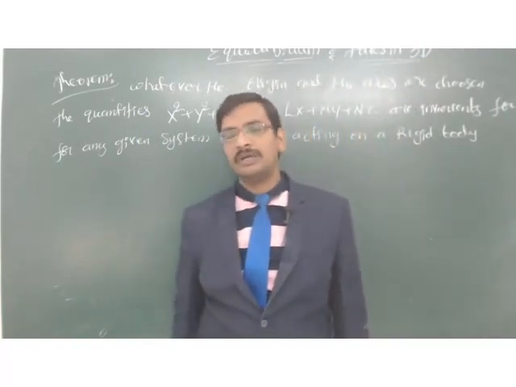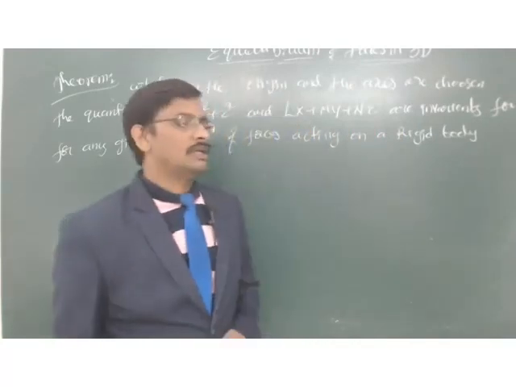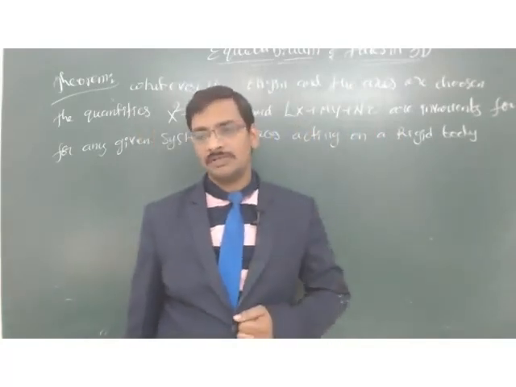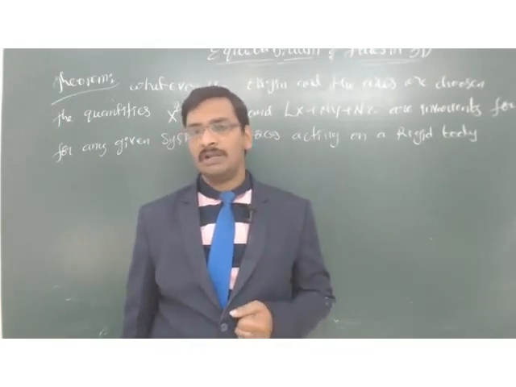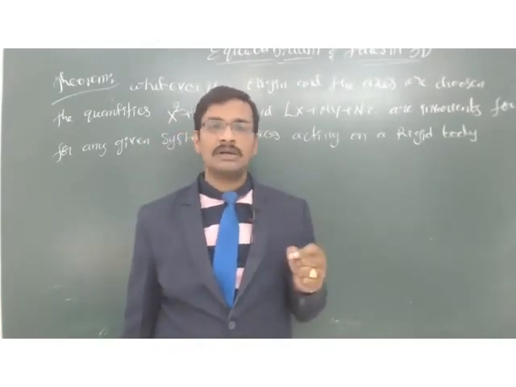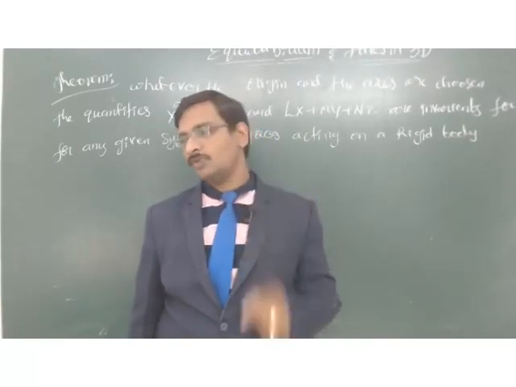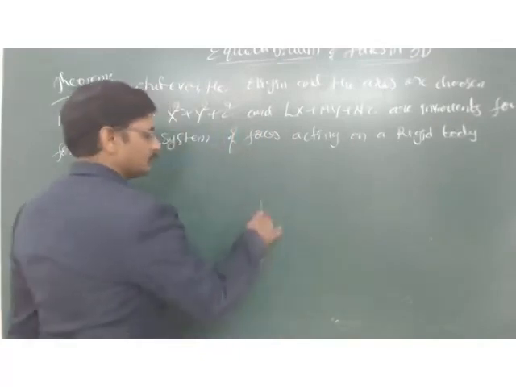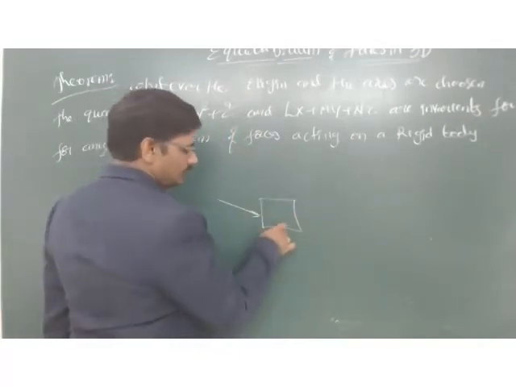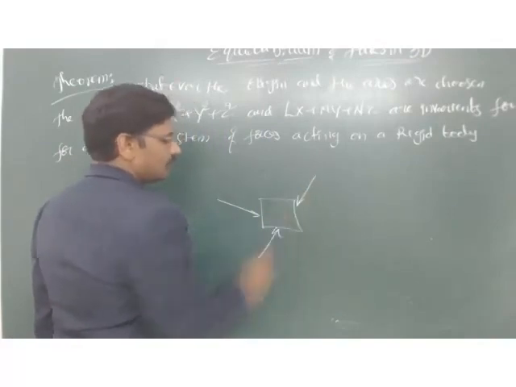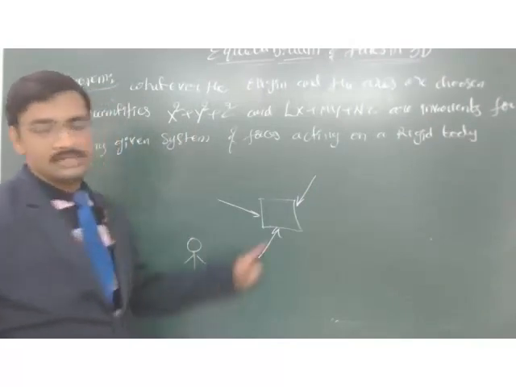Now here, by common sense, we can make out. Suppose there are 3 different forces acting on a body. It doesn't matter from where you look at, it always results into the same force, right? Suppose there is a body like this, so this is one force, this is one force and this is one force. A person standing here is trying to look at these forces.